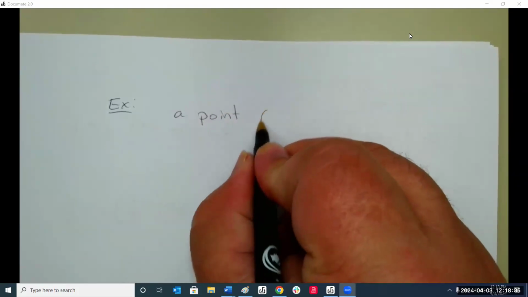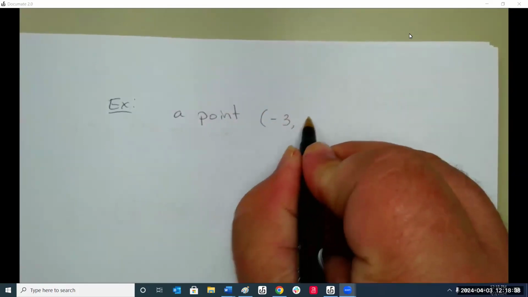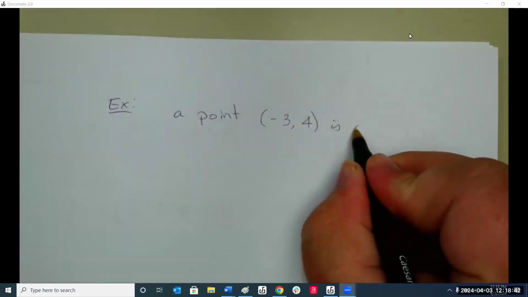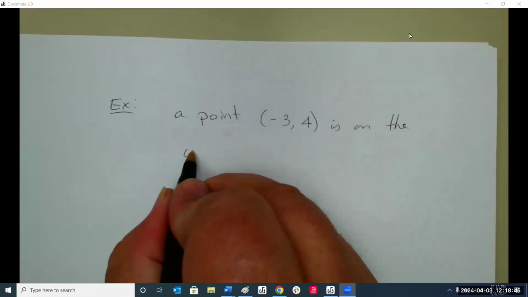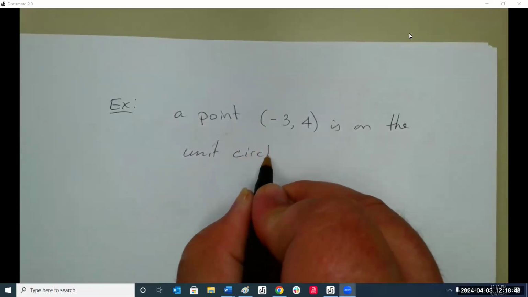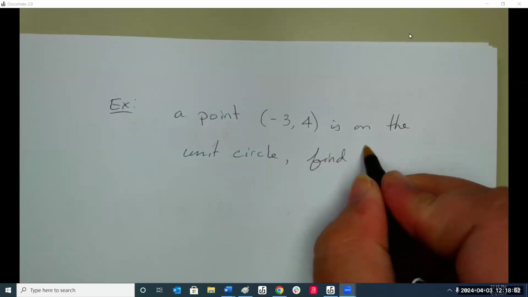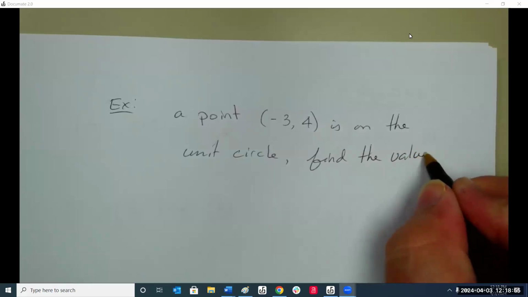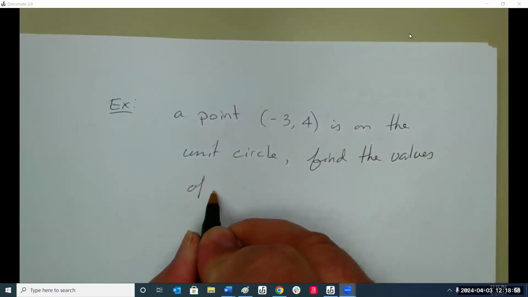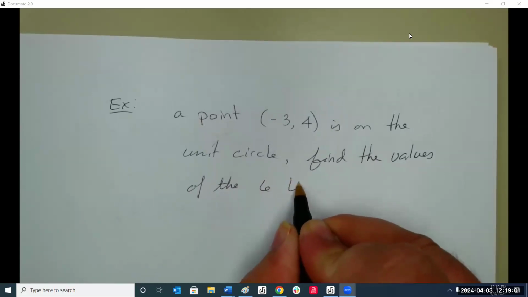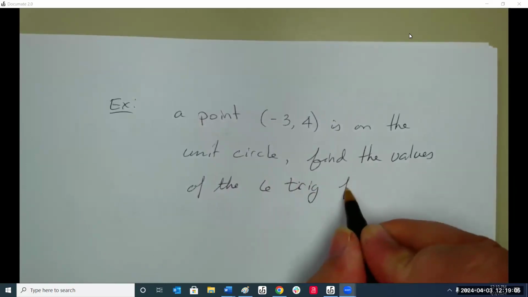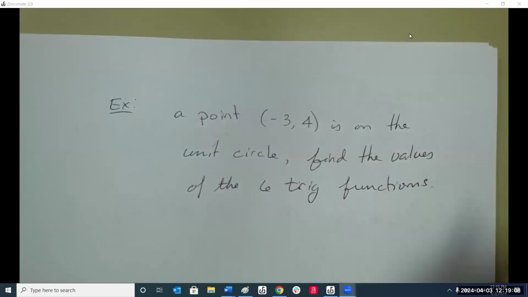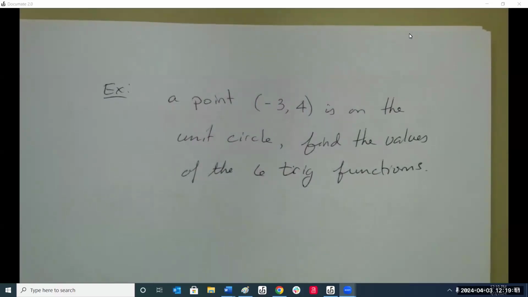A point (-3, 4) is on the unit circle. I should put quotes around the unit circle, but it's not really a unit circle. Find the values of the 6 trigonometric functions.